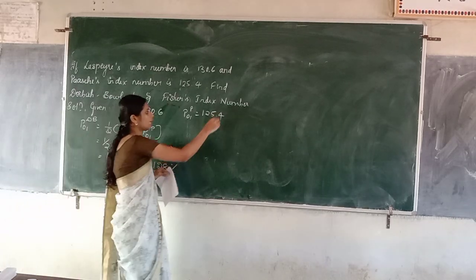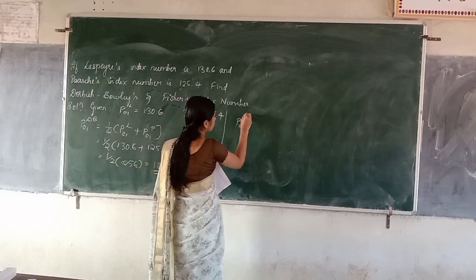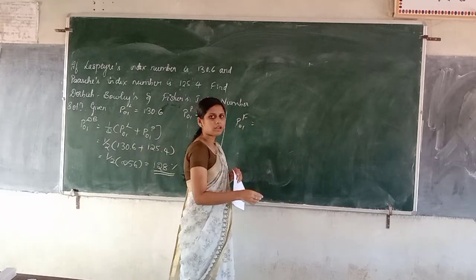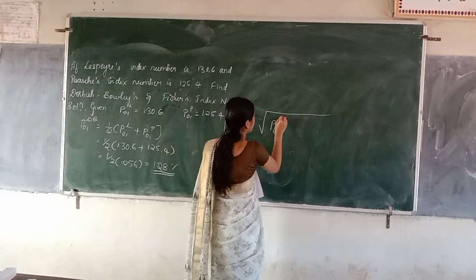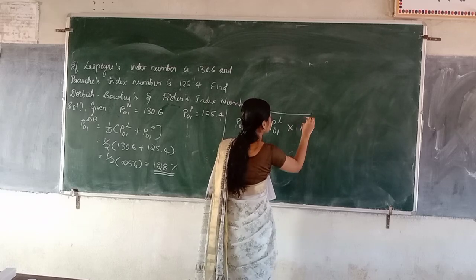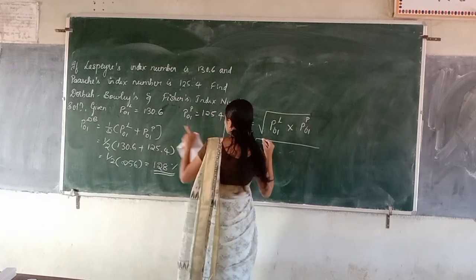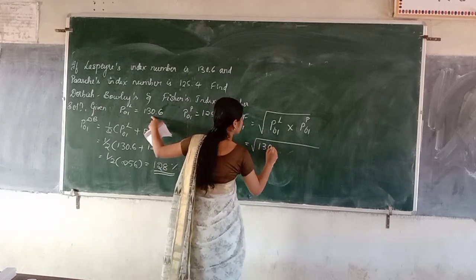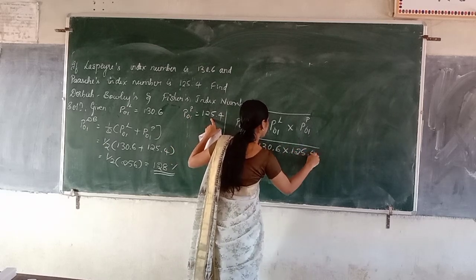Now we will calculate Fisher's index number. Fisher's index number is the geometric mean of last year's and past year's price index number, that is the square root of last year's index number into past year's index number. So it is equal to the square root of 130.6 into 125.4.